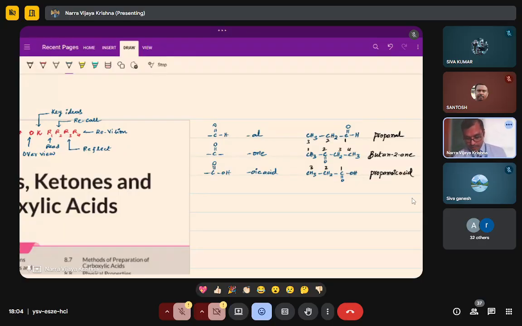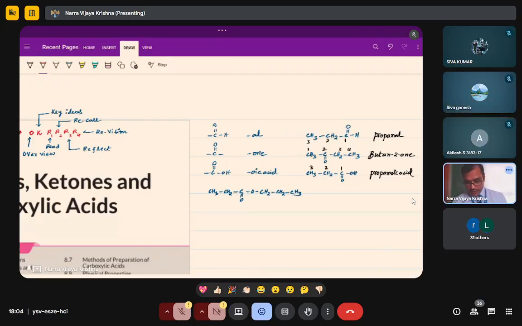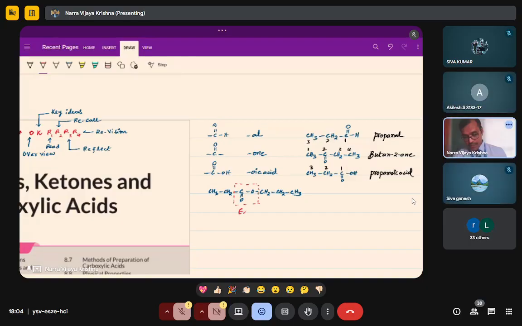Then what about this one? CH3, CH2, C double bond O, O, CH2, CH2, CH3. What type of functional group is this? Ester, na? This is an ester. Esters should be named as -oate. Now give numbering to it.